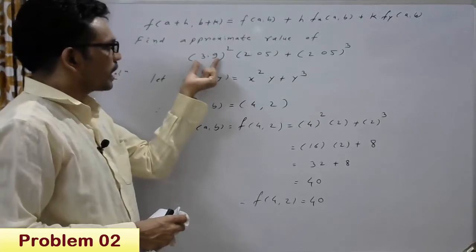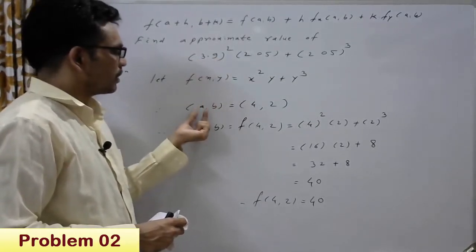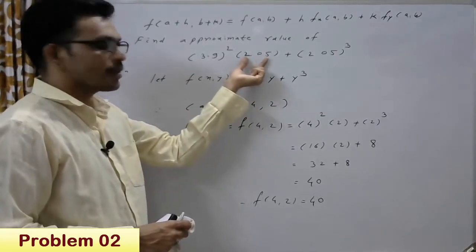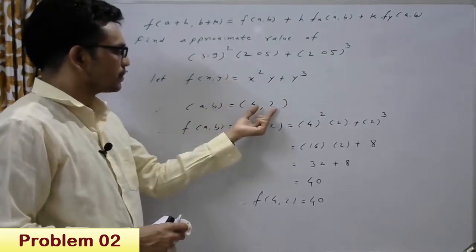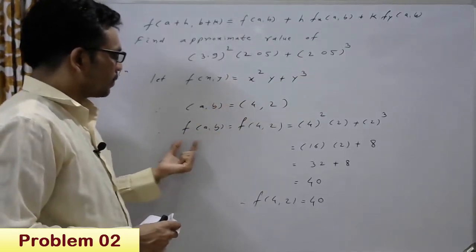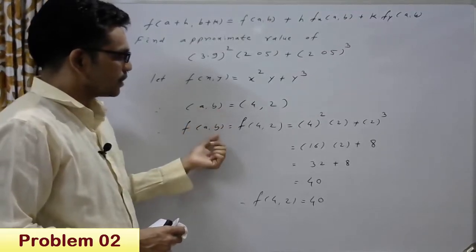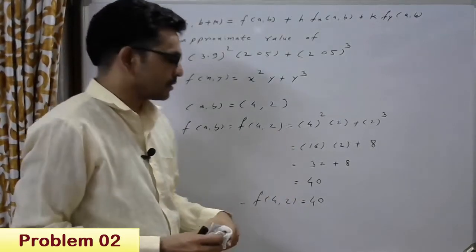The 3.91 is near about 4, therefore take a equal to 4. This value 2.05 is near about 2, therefore take b equal to 2. Therefore, f(4,2) is equal to 40.